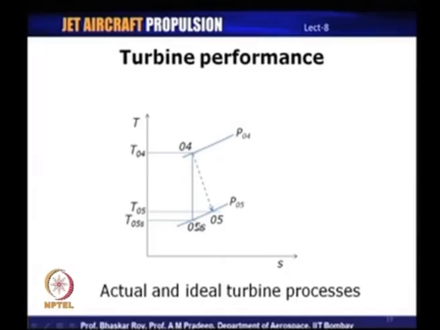Point 5s corresponds to the isentropic condition, that is, if the process were to be isentropic. P05 is the constant pressure line, and so 4 to 5 is the actual process. So, turbine efficiency is defined as H04 minus H05 divided by H04 minus H05s. This also can be expressed in terms of temperatures, that is T04 minus T05 divided by T04 minus T05s.